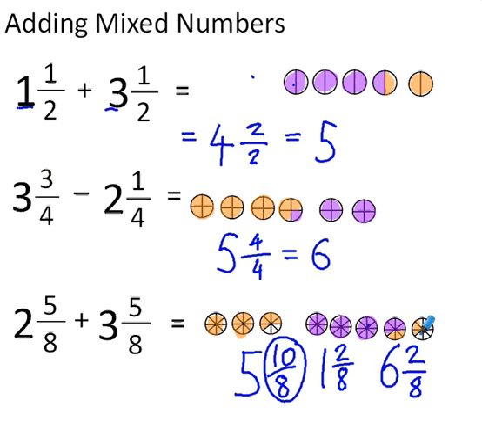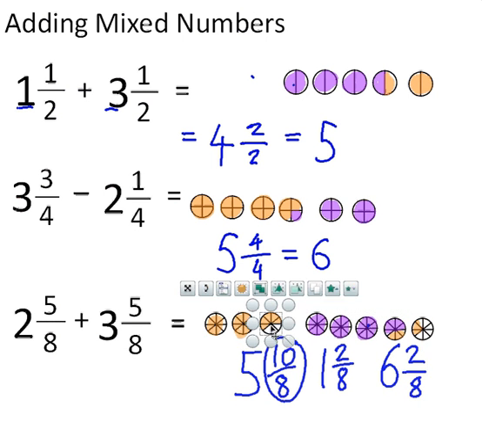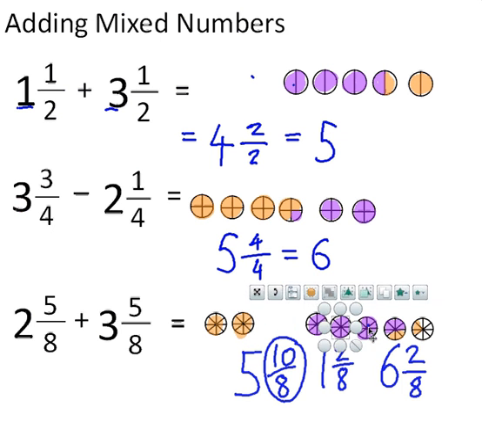Okay, which makes 6 and 2/8. We can get rid of this one now because I've used up all of them. That one can go. Okay, 1, 2, 3, 4, 5, 6 and 2/8.